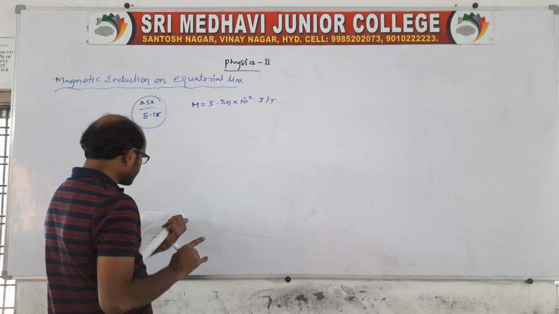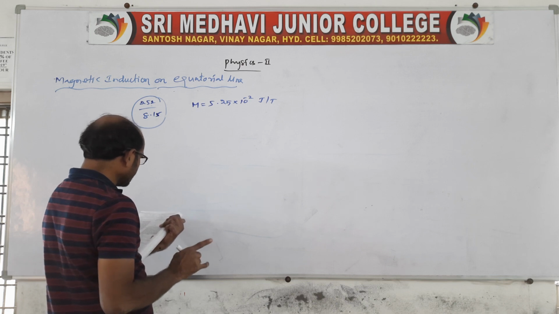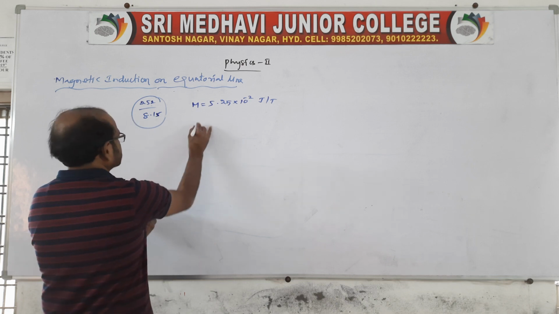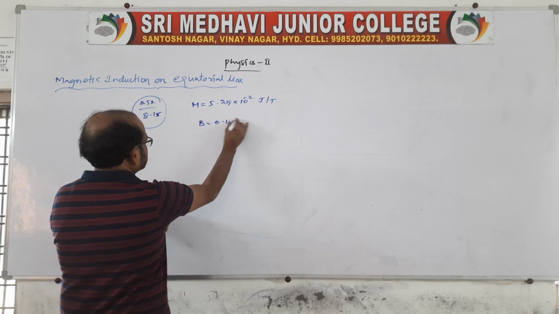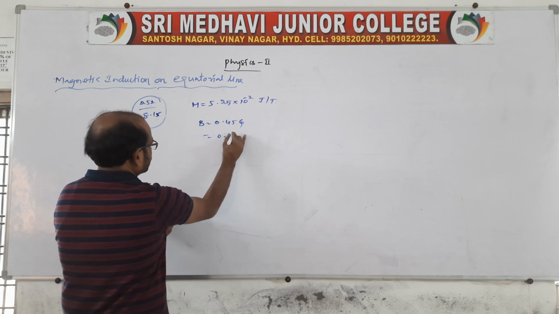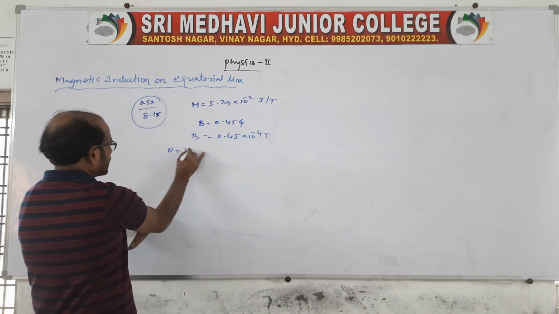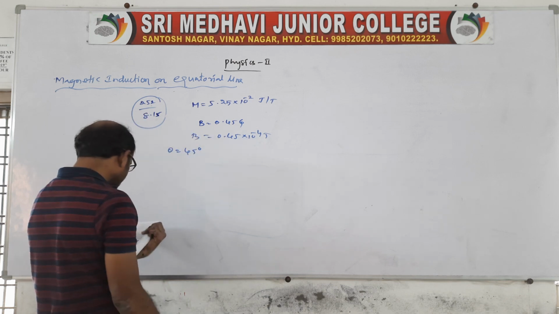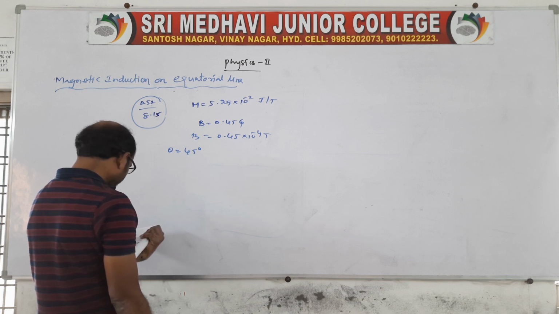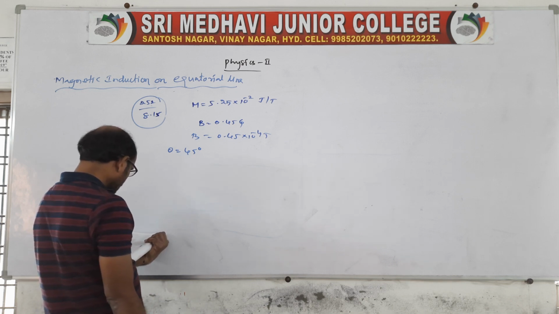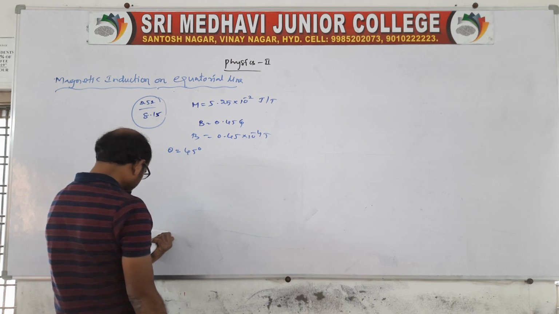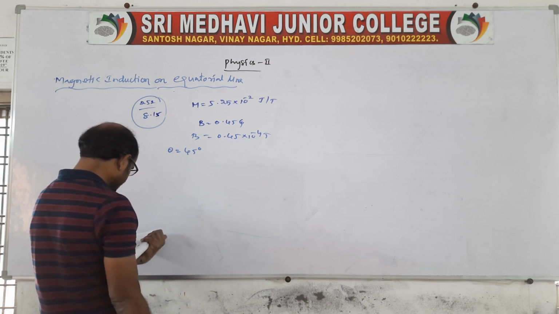The magnitude of the earth field is given as 0.4 Gauss, that is 0.4 into 10 power minus 4 Tesla, at an angle 45 degree. On the equatorial plane, we can say it is equal.